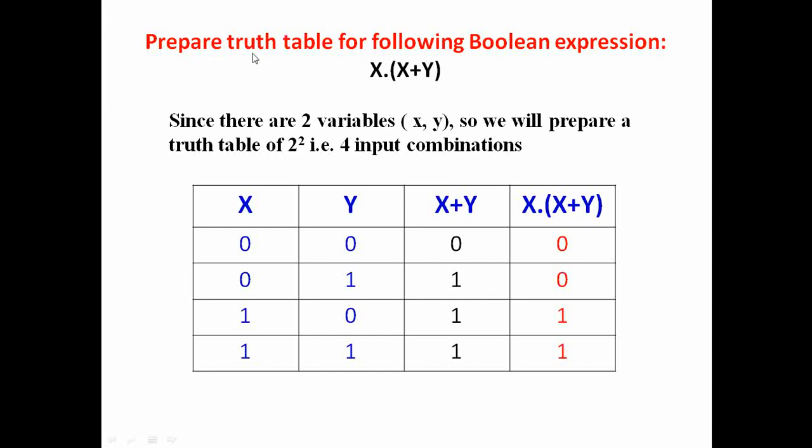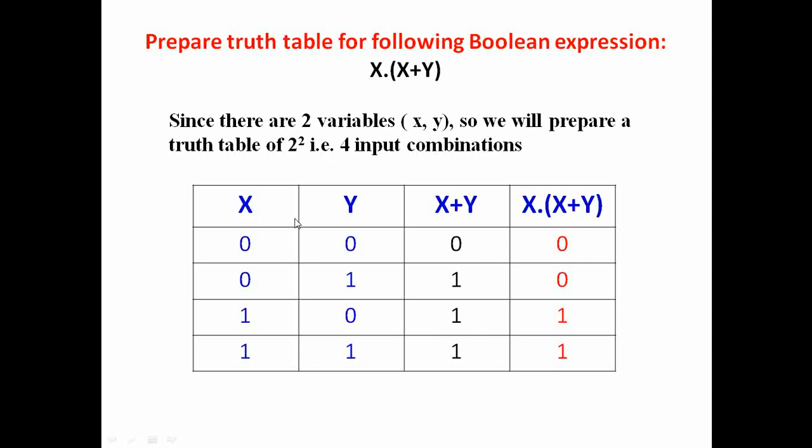Now let us take this. Suppose we have to prepare a truth table for the following Boolean expressions. First we will see how we can prepare a truth table for any Boolean expression. So we have been given this problem. We have to create a truth table for x·(x + y). Since there are two variables x and y, we will prepare a truth table for 2 to the power 2, that is 4 input combinations.